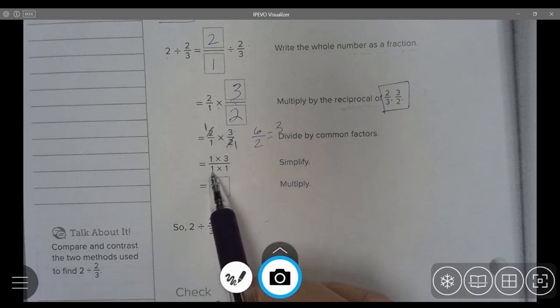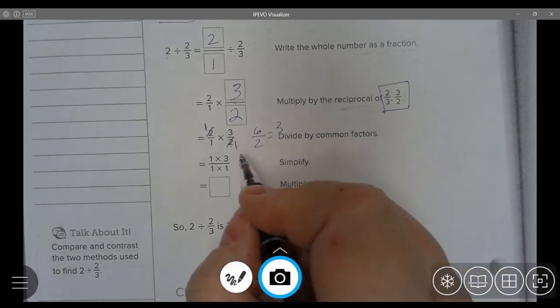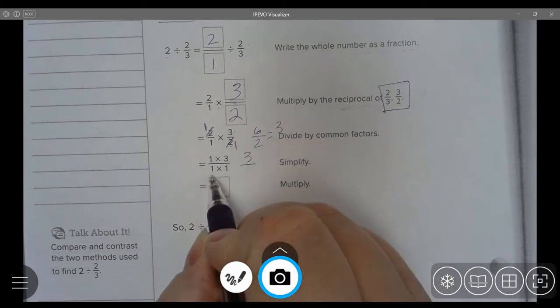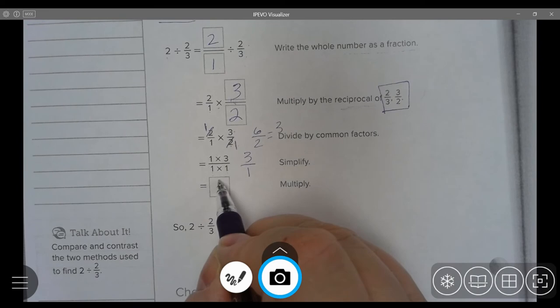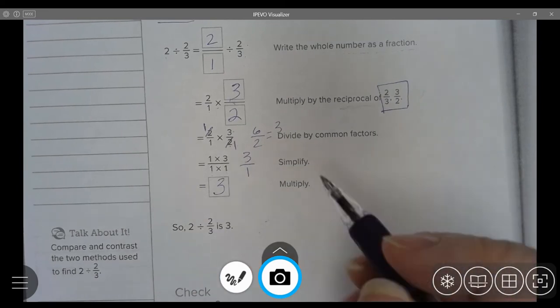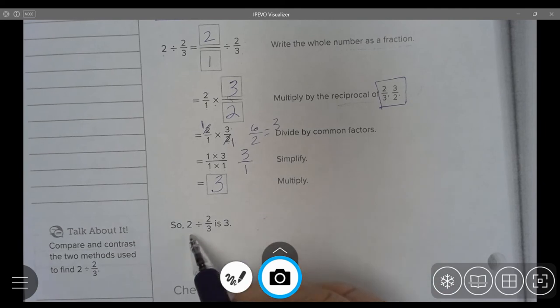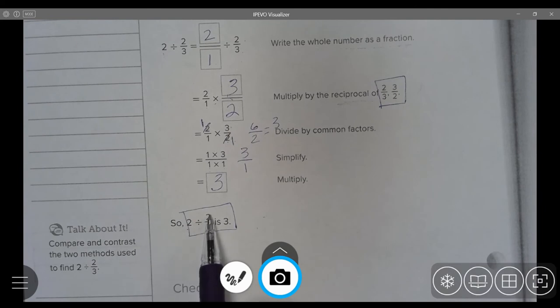So I've already simplified it. 1 times 3 would be 3. 1 times 1 is 1. And I have 3 as the answer. It's the same answer that we had when we were using the bars. 2 divided by 2/3 equals 3.